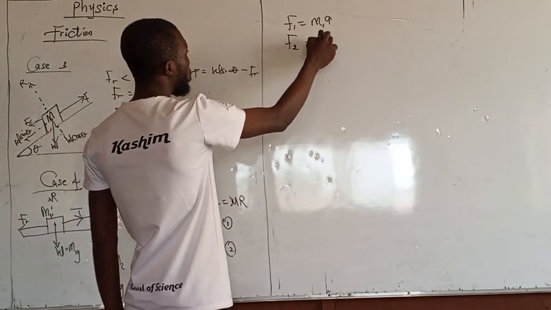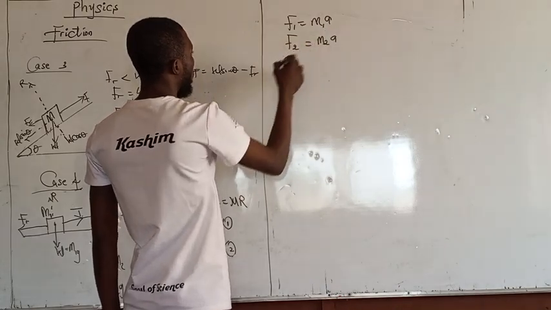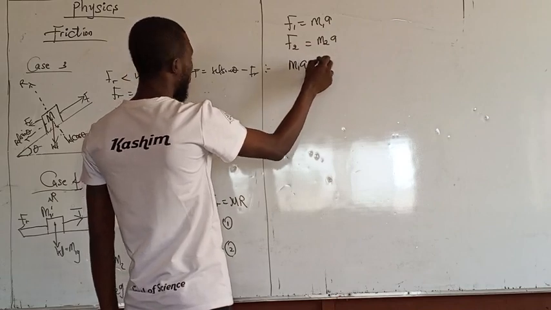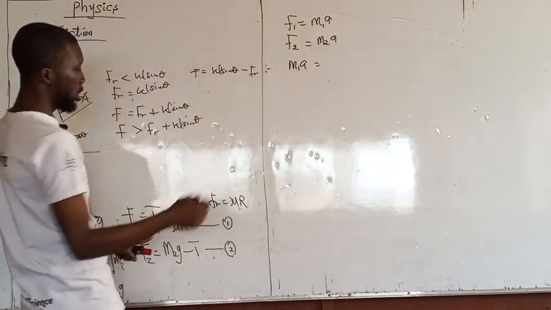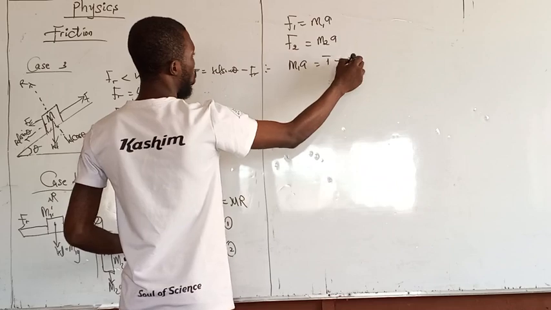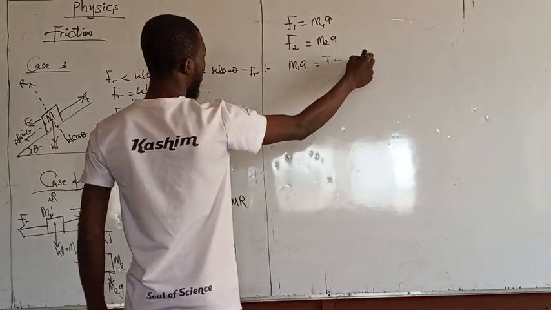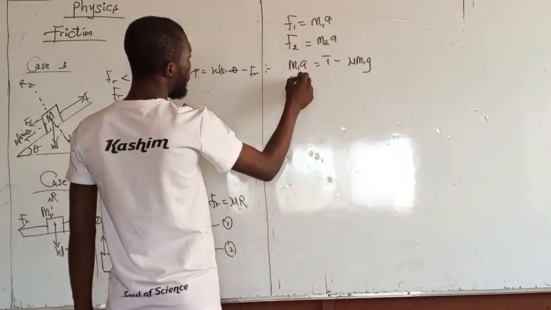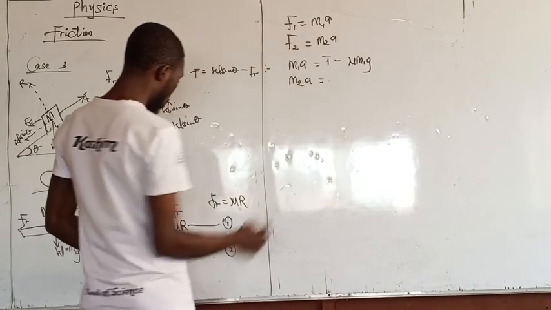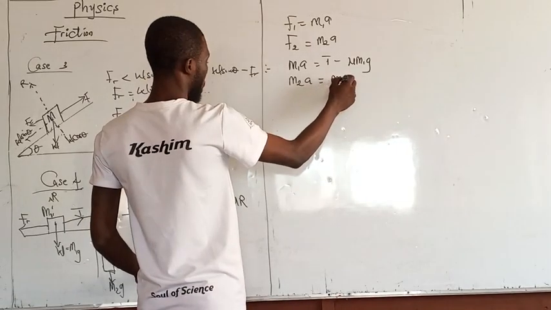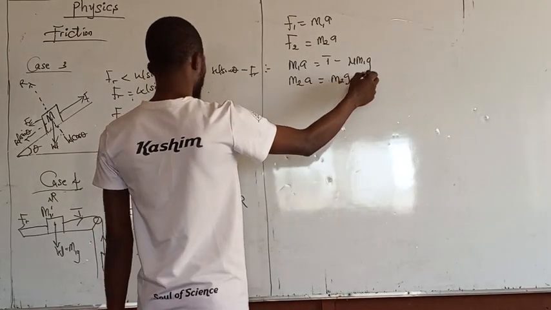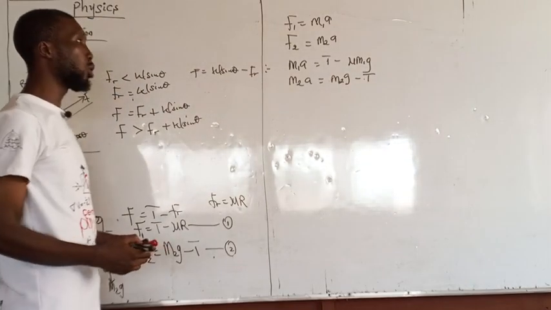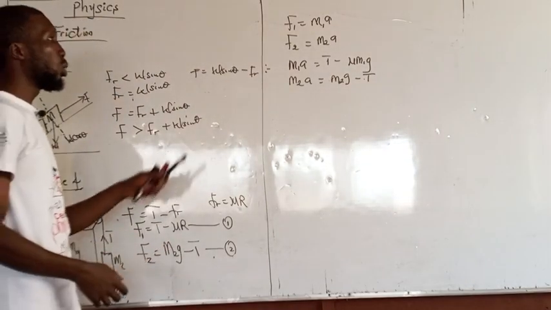F2 equal to M2A. So this simply implies that M1A equal to T minus coefficient of friction times normal reactional force M1G. And we have M2A to also be equal to the weight M2G minus tension. So the tension is the same for both strings, so we can use this equation to find the tension.